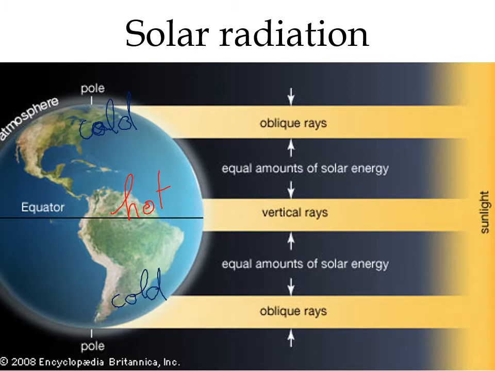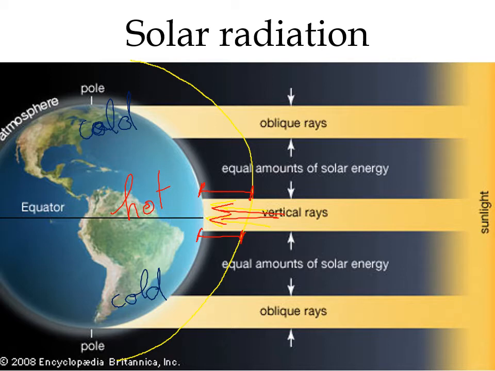Remember that this is due to the atmosphere, which is a very thick layer of gases. So when the sun hits the earth, it has to pass through this layer. Here it hits directly. I'll put it in red. It hits it directly. It has to pass through this amount of gases, which is not so much.